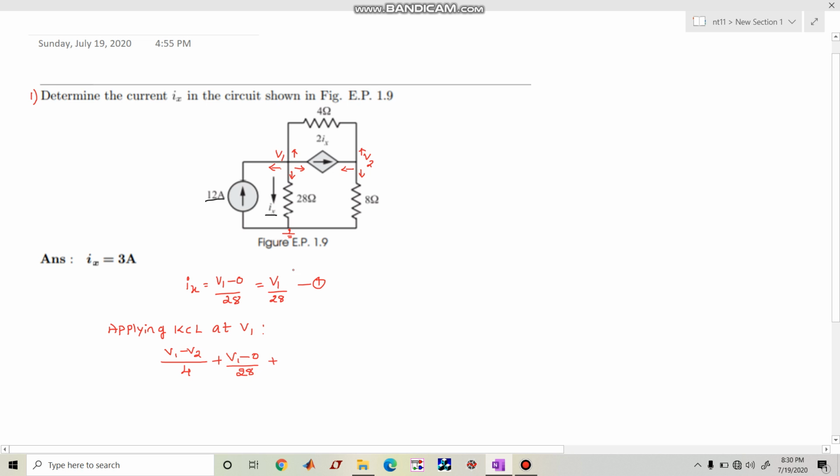Next, you can see this is another current which is going out, matching our assumption of current directions. So I can write 2Ix, but Ix is V1 by 28. Now this current is coming into the node, but our assumption is going out from the node. That's why I write it as minus 12.